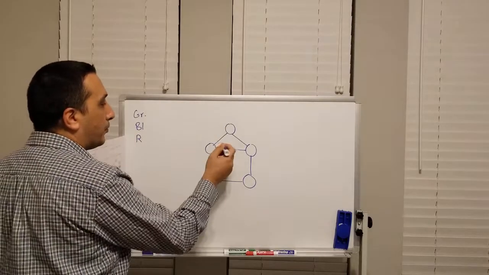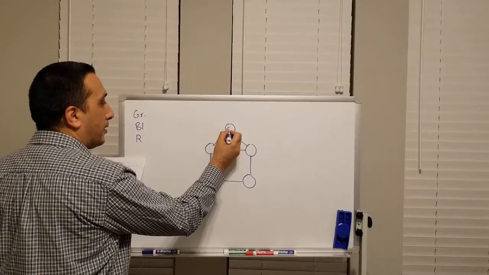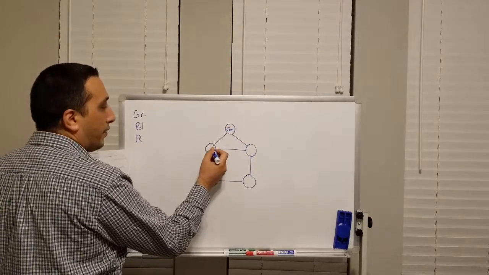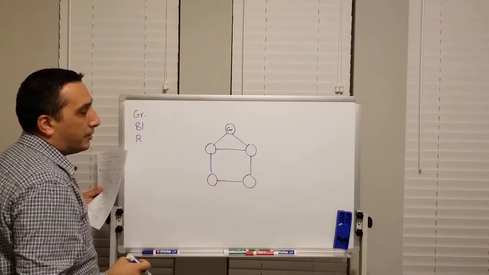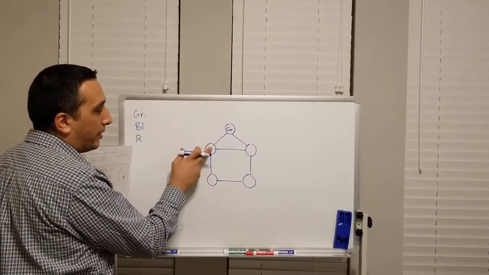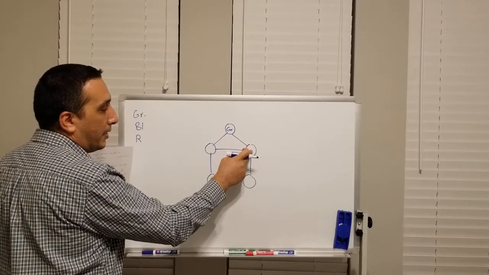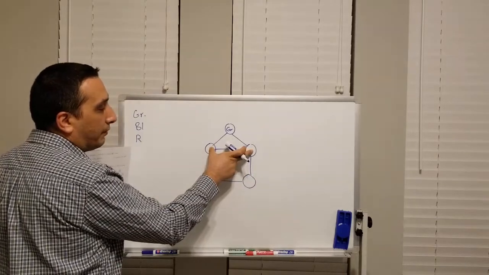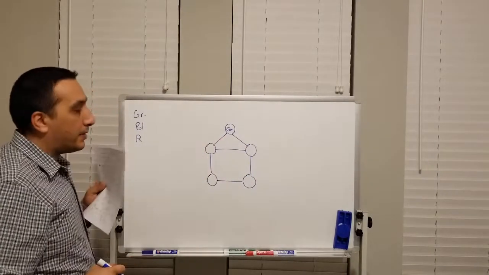So let's start with the top vertex, and assign it the color green. Therefore, if I assign the color green to the top vertex, I can't assign green to this vertex, nor can I assign green to this vertex either, because both of these vertices are connected to the green vertex at the top.